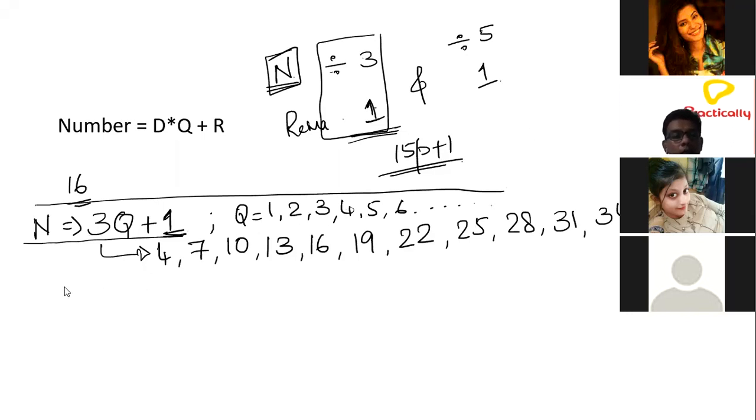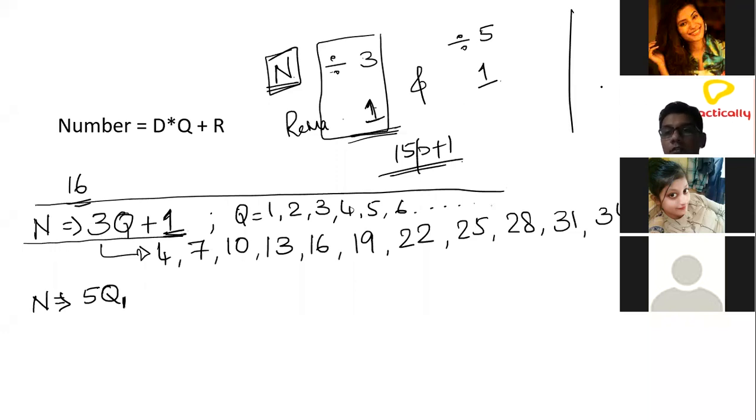Clear? Now, you are also saying that I am in search of a number which when divided by 5, I get a quotient. Now it's very important here that I change the quotient to Q1. The reason being, when I divide a number by 3, whatever quotient I get, I will never get the same quotient if I'm dividing that number by 5.